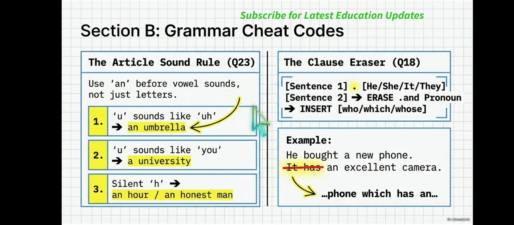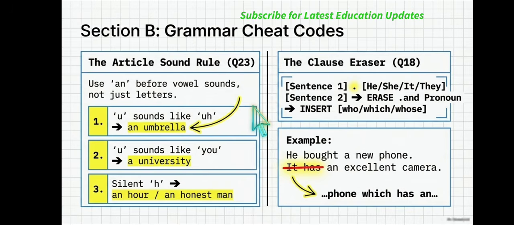So dear students, now without any further delay, let's go to the grammar cheat codes, right? Here question number 23. You sounds like umbrella, sounds with the vowel sound, except honest, university, and those are different things, but go by the sound of vowel, then use an.